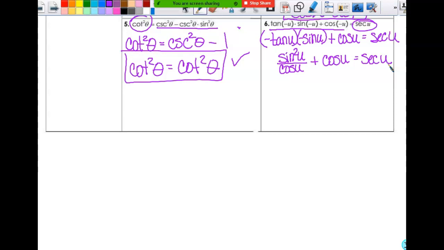Left-hand side, I'm going to have to get a common denominator. That common denominator is cosine u. So that first term, sine squared u, plus, this will be multiplied by cosine over cosine. So that's cosine squared u. All that equals secant u.